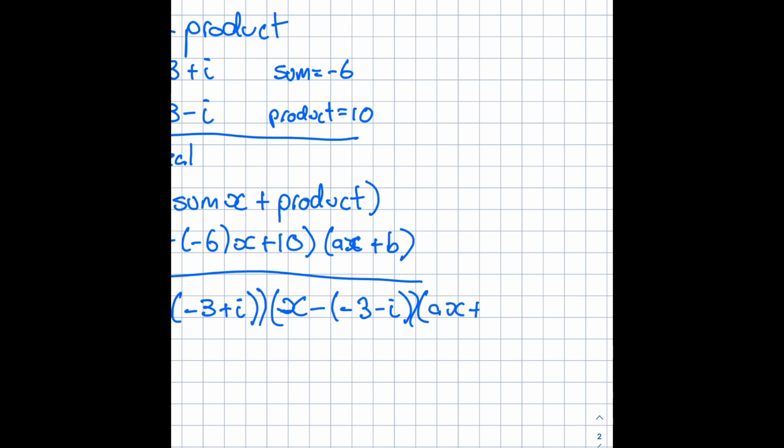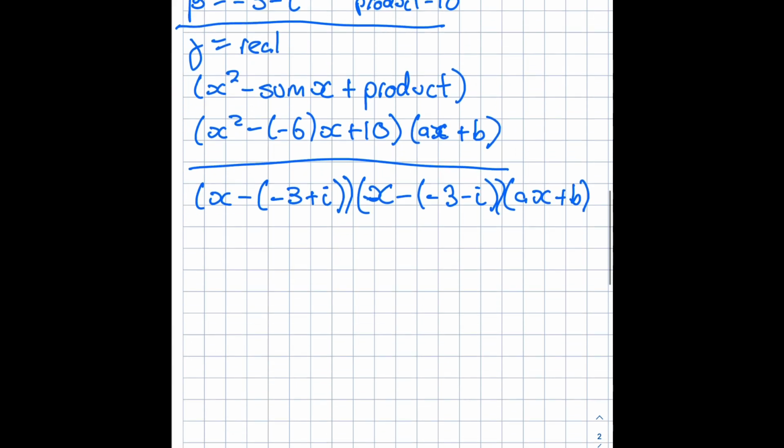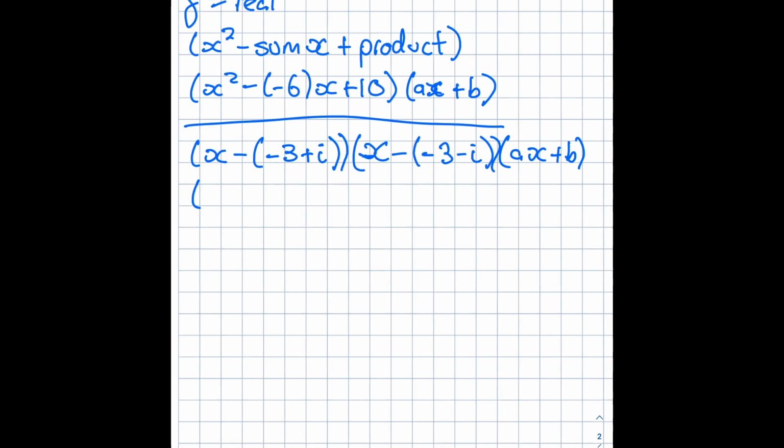Now, if I quickly expand this out here, let's change that form like we practiced in class the other day. So I could rewrite this as x plus 3 plus i, x plus 3 minus i.